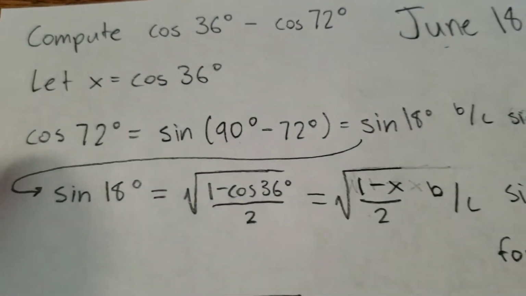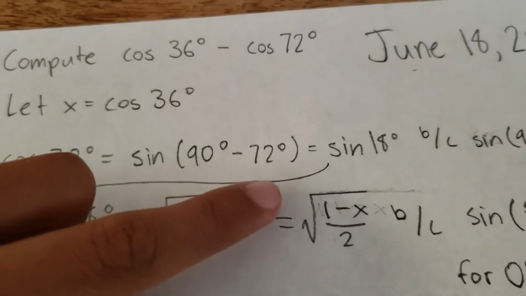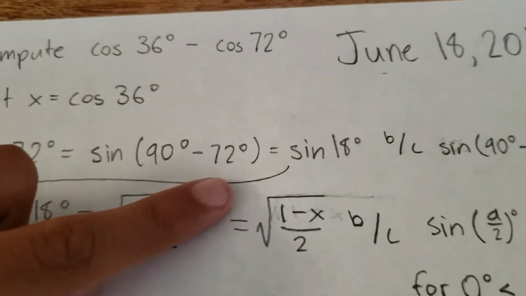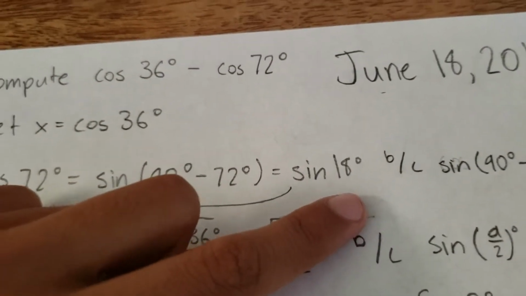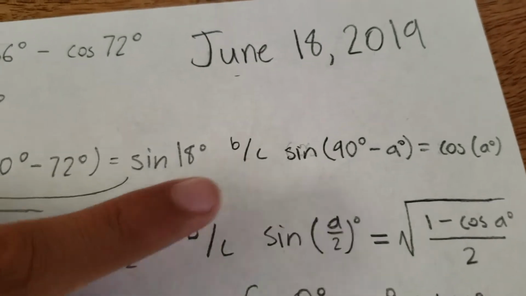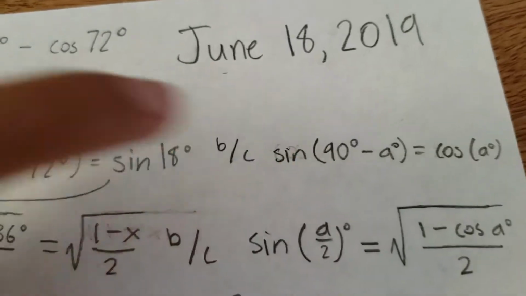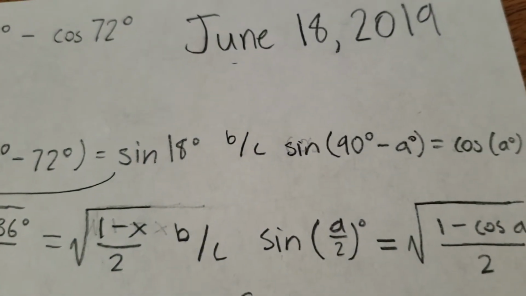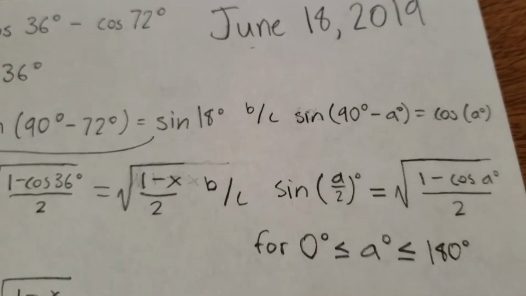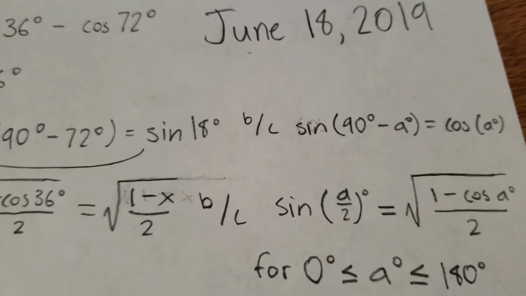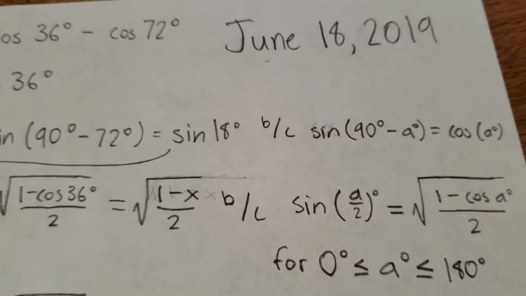So cosine of 72 degrees is just sine of 90 degrees minus 72 degrees, which is sine of 18 degrees. Because cosine of a degrees is just sine of 90 degrees minus a degrees. This is one of the basic trigonometric identities that are expected to be memorized, and hopefully you fully understand what they mean.